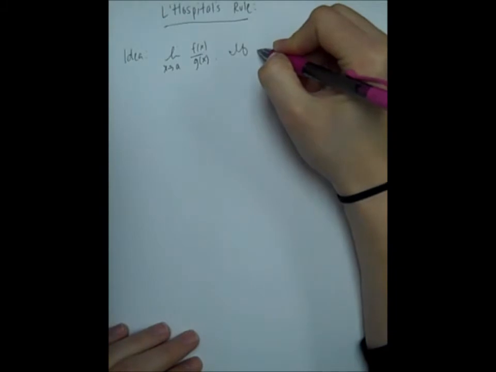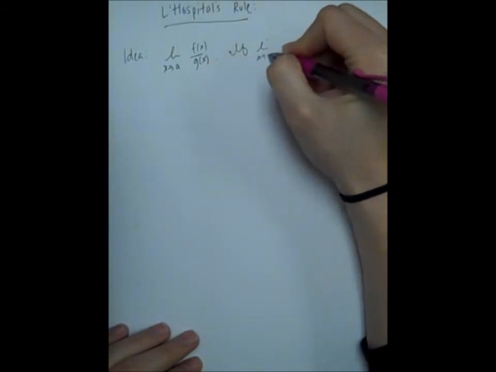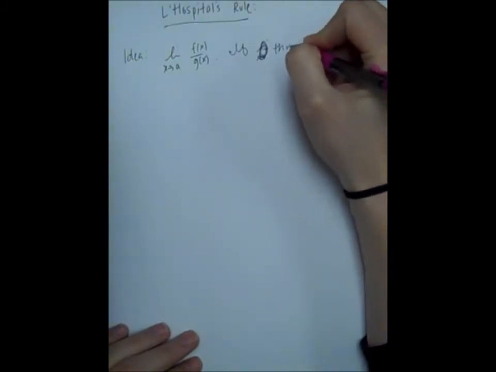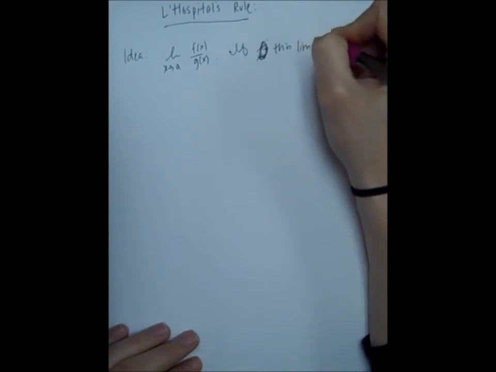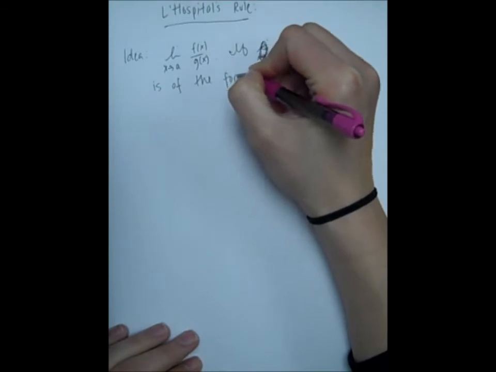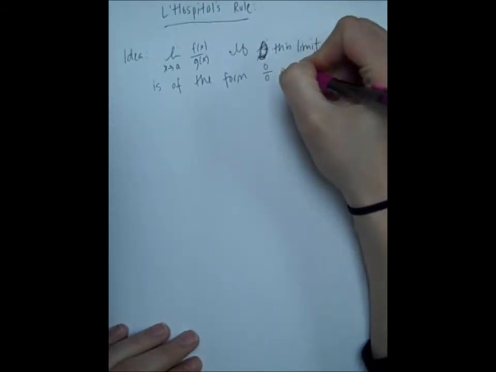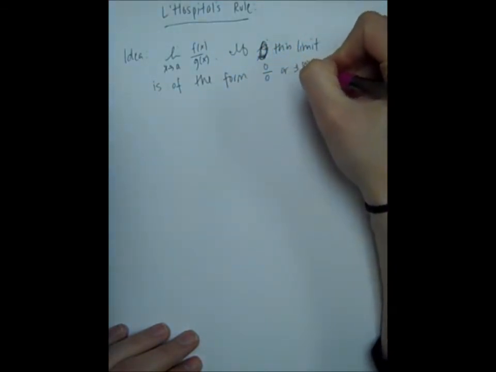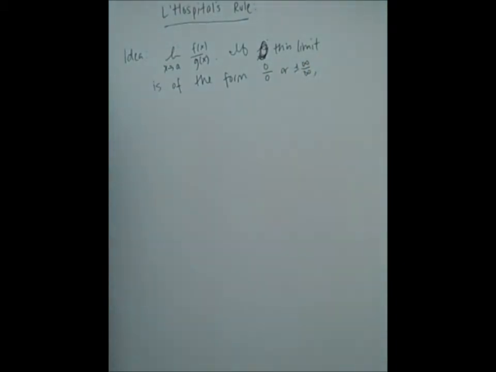If this limit is of the form 0 over 0 or plus or minus infinity over infinity, then we can actually look at the derivative instead of the original limit.